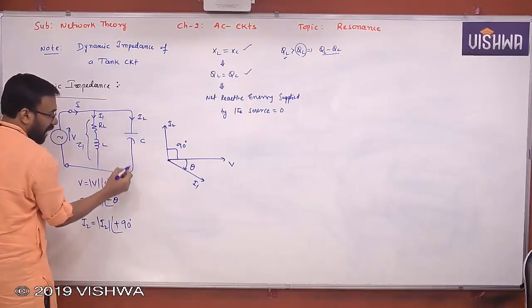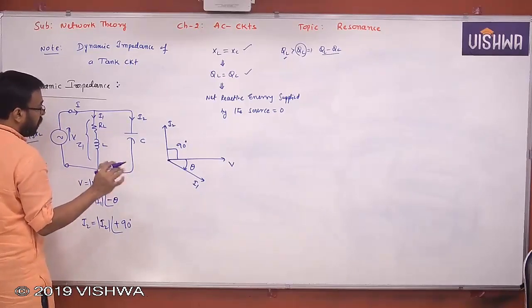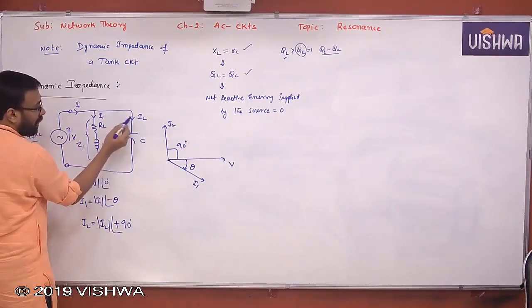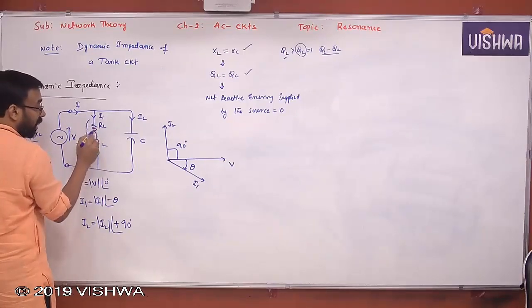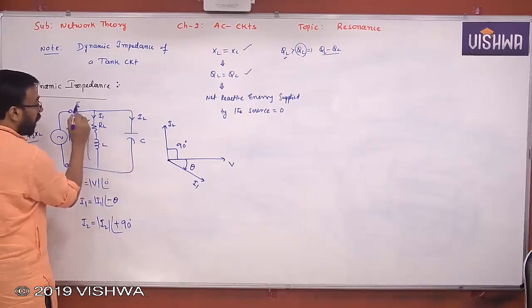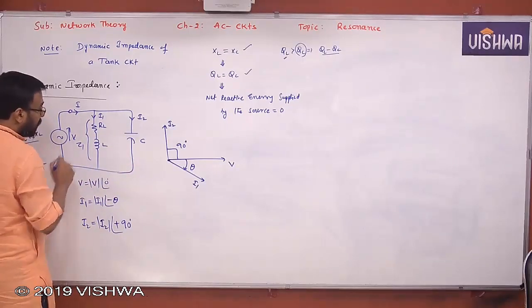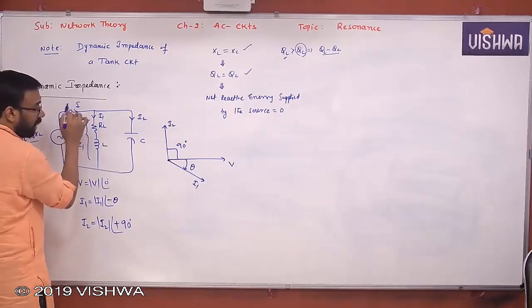But this current has only a real component. Now this I is nothing but I1 plus I2. The circuit is said to be in resonance if the phase angle difference between voltage and current is 0.